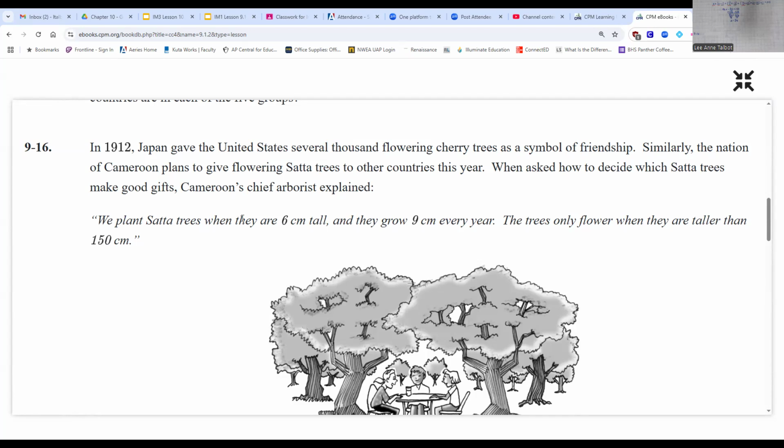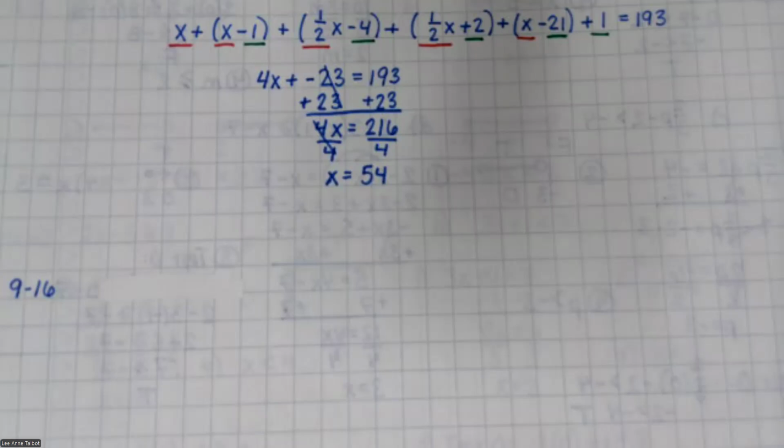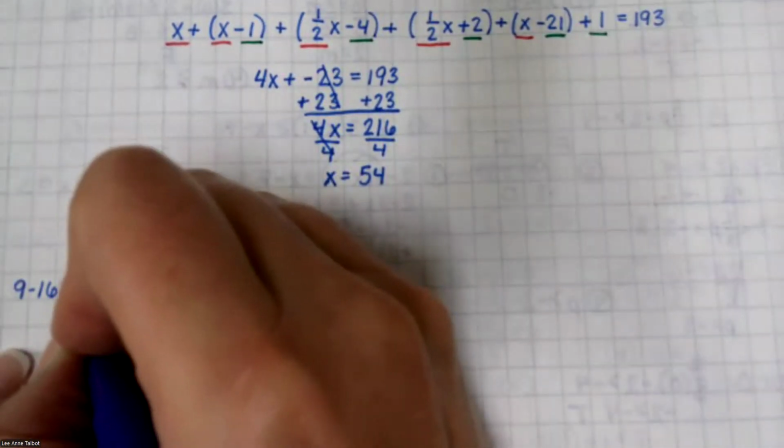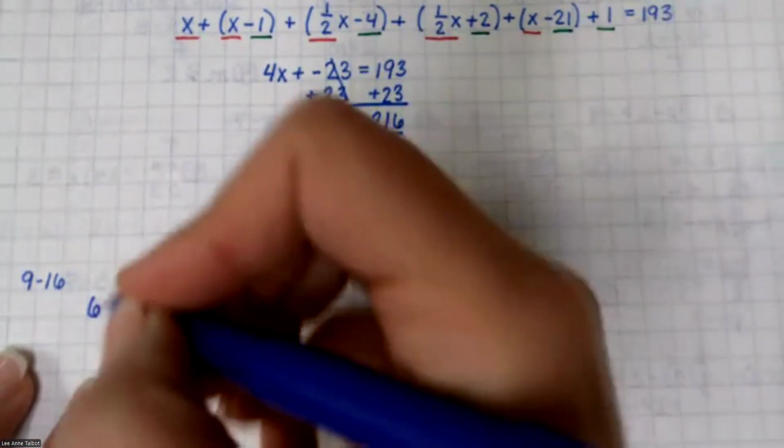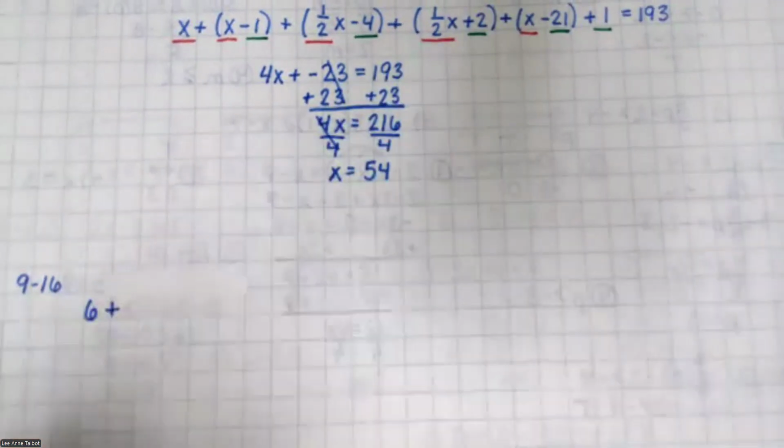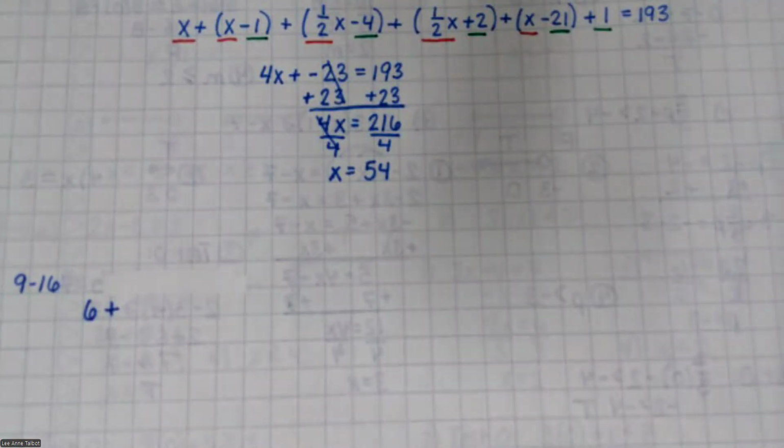Okay, so we're going to take this information and rewrite it into an inequality. We're going to start with the start, which is 6. They start at 6. And how much do they grow every year? 9.